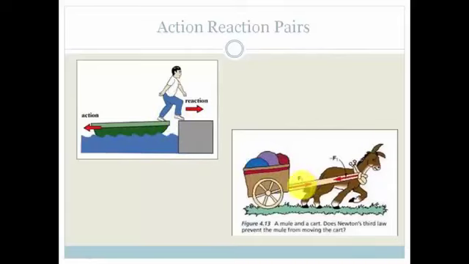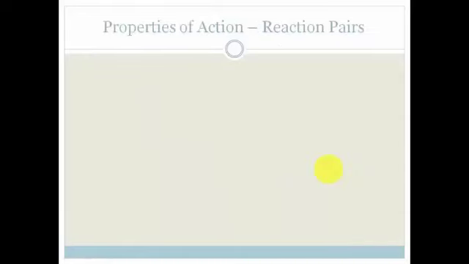And similarly, you've got this poor donkey pulling the cart, which looks a little bit heavy for him. Look at his sad face. So the action is that he is pulling the cart forward, and the reaction is that the cart is pulling him backwards.